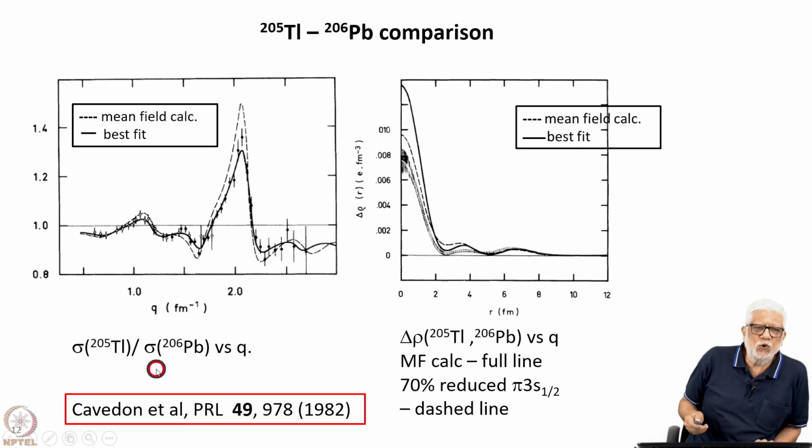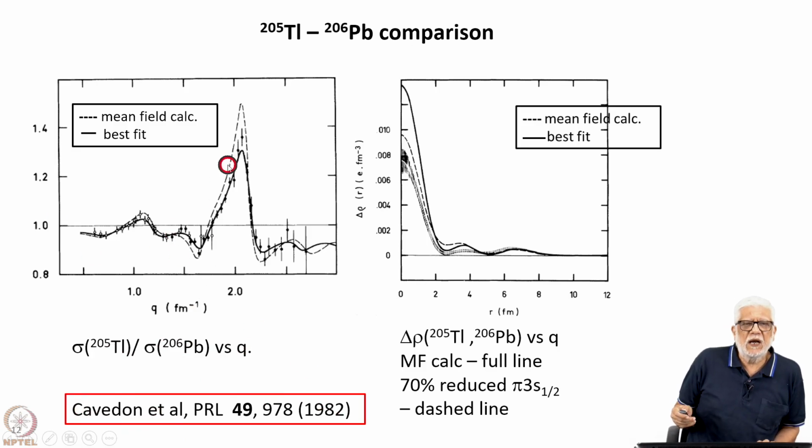The ratio of these two, thallium 205 to lead 206, as a function of Q was plotted in this paper, the Cavedon et al. 1982 paper, and you can see that this oscillates, and it has a peak at about 2 Fermi, and then of course, it again goes down.